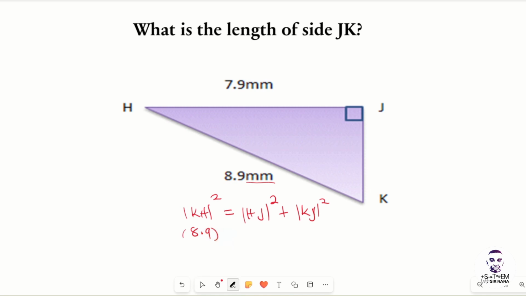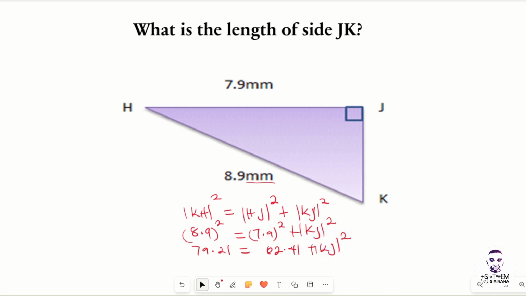So we have 8.9 all squared is equal to 7.9 all squared plus KJ all squared, right? Using your calculator, our 8.9 all squared should give us 79.21, and our 7.9 all squared gives us 62.41, plus KJ all squared.